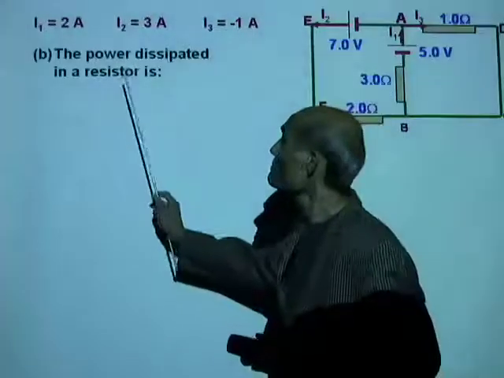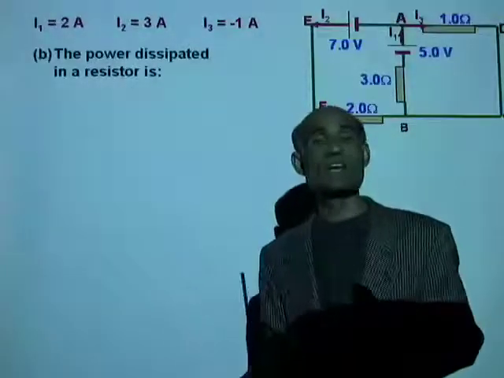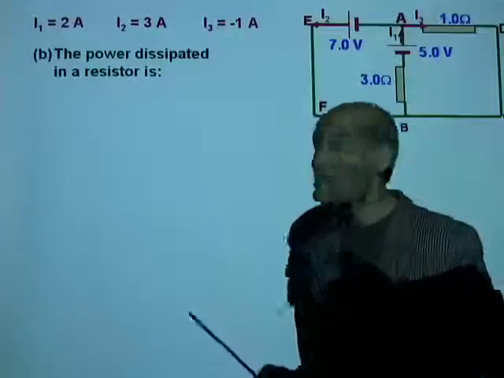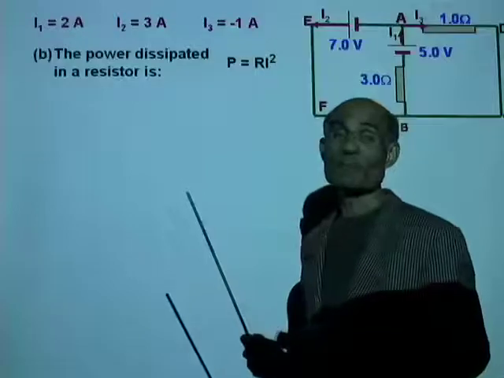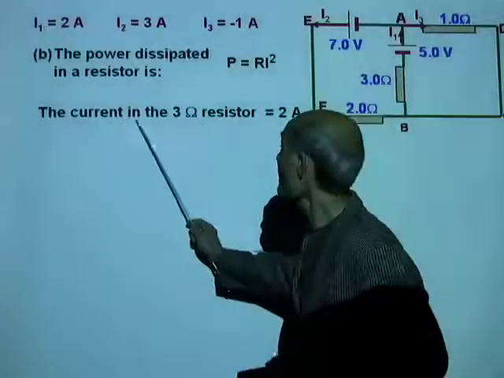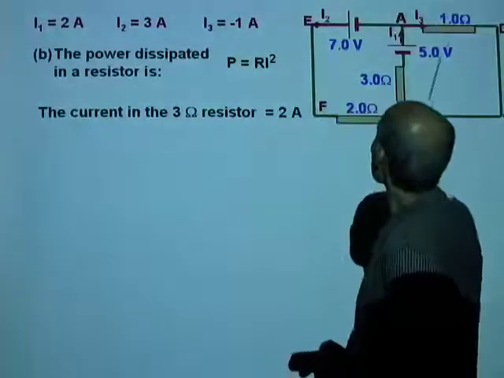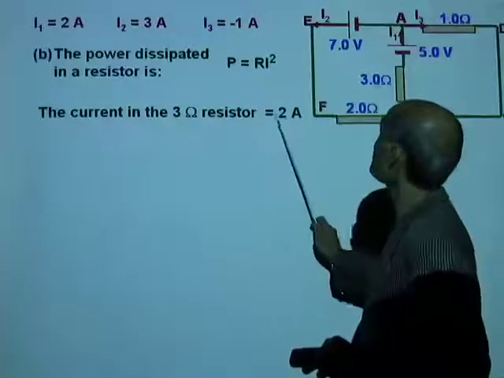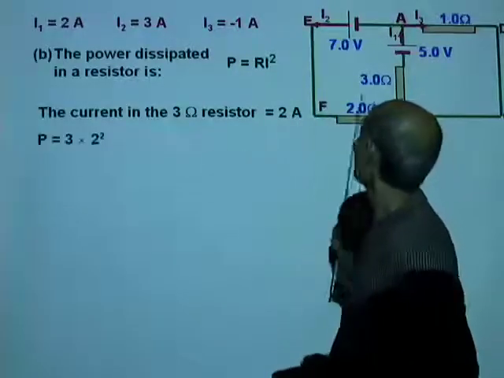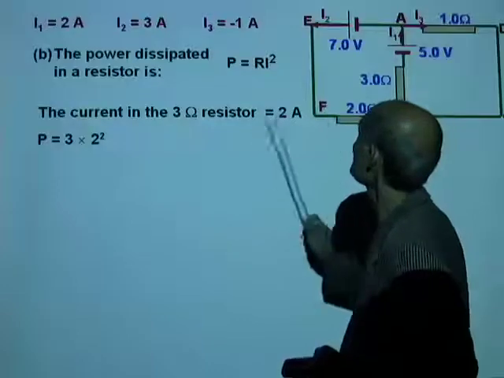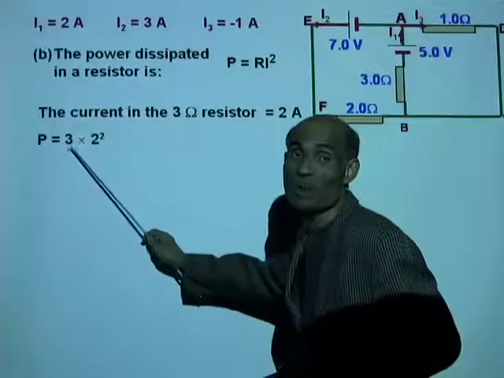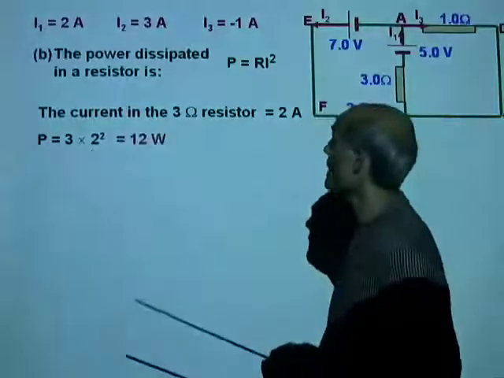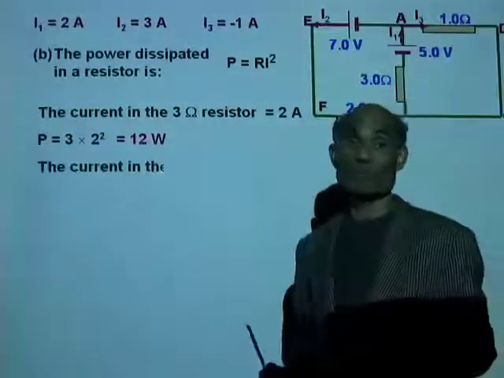The power dissipated in a resistor is, what is that? I squared R. Therefore, the current in the 3 ohm resistor is 2 ampere and the power dissipated in it is R times I squared. 3 ohm times 2 squared, that is 12 watt.